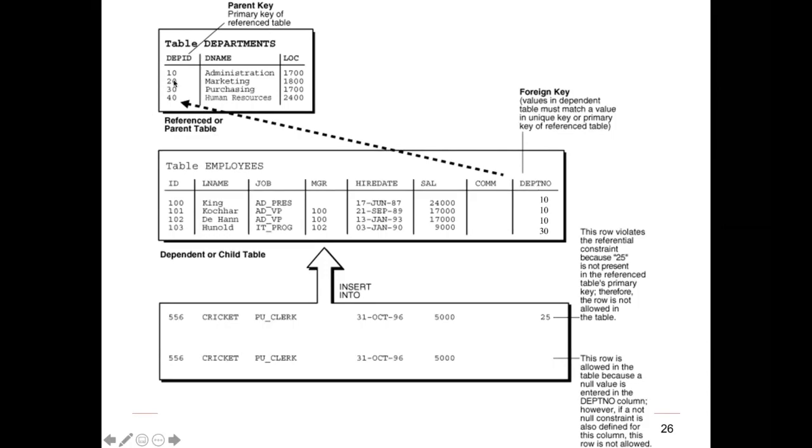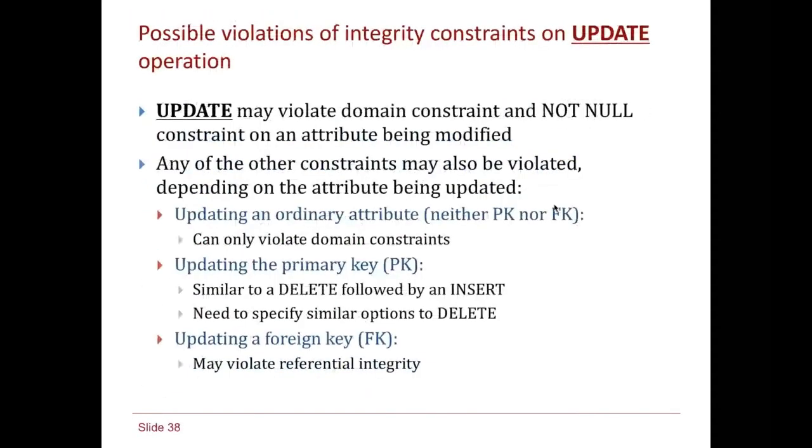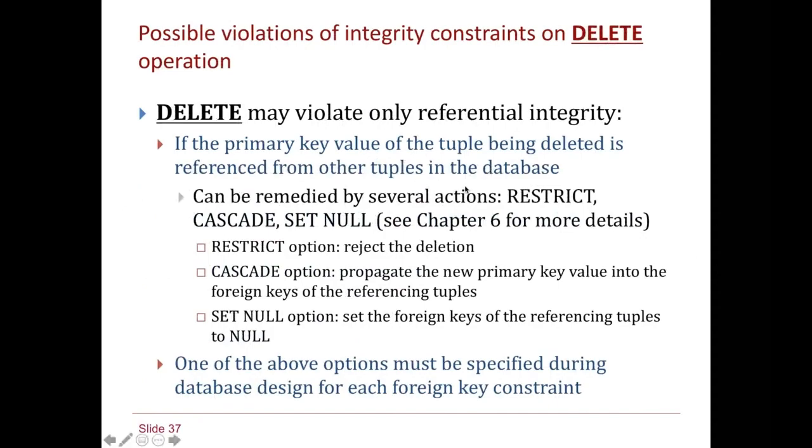So deleting any record in the parent table for which there is a reference in another table should not be allowed, because then foreign key references will be violated. In that case, what can be done? We want to delete this 10 from the parent table departments.